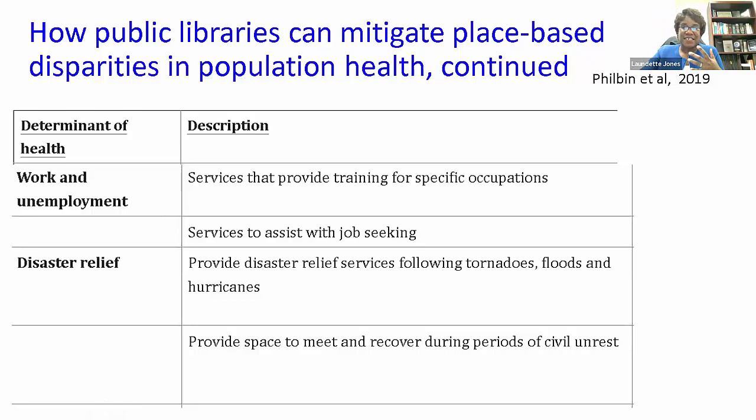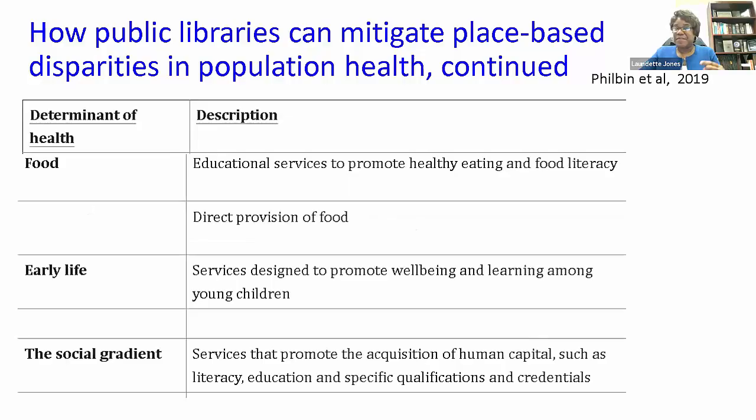Again, this article gave references in case anybody's interested in replicating or developing some of these strategies. And this last slide here is about places for food. I know some libraries that I participated in promote healthy eating and food literacy, as well as bringing early life education to youth.